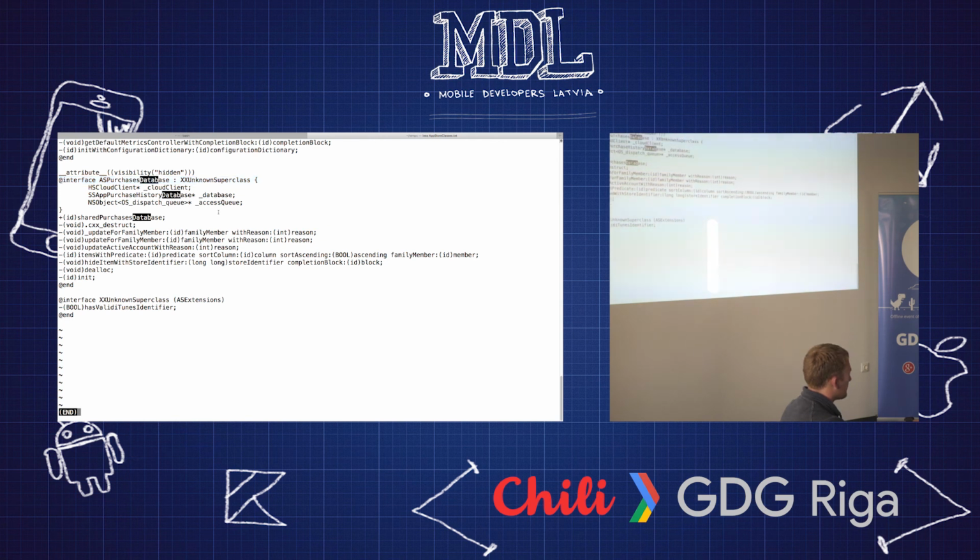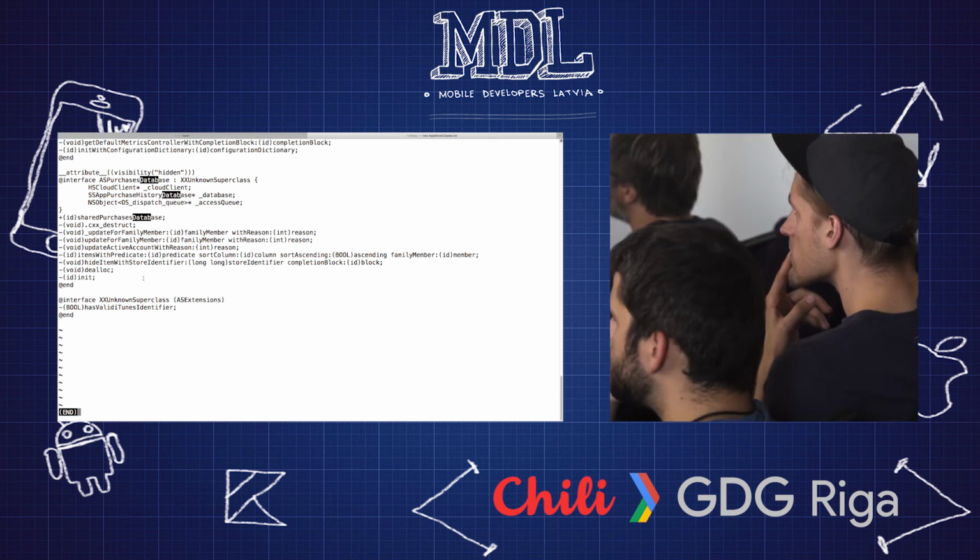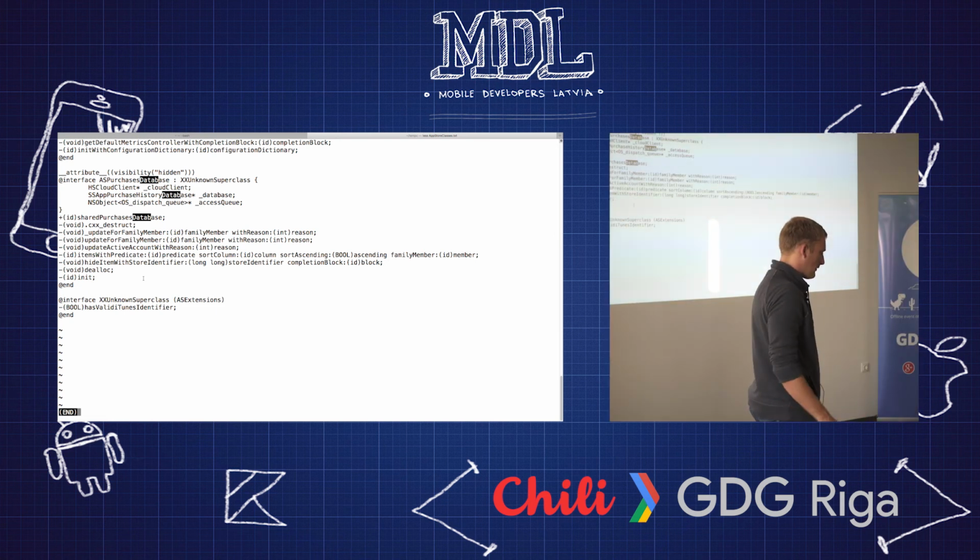So I can find interfaces and that kind of information. Of course, it's not much, and you can't see all the code and the logic of the application and all the methods, but still you can actually find method names here.